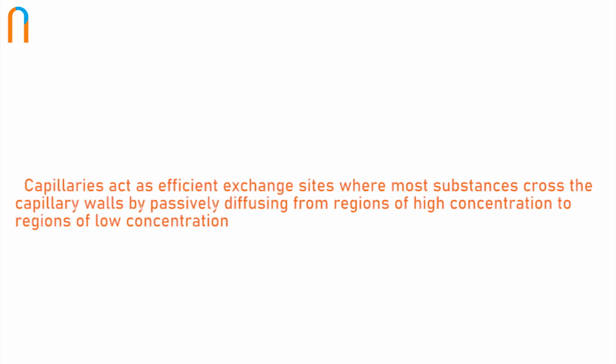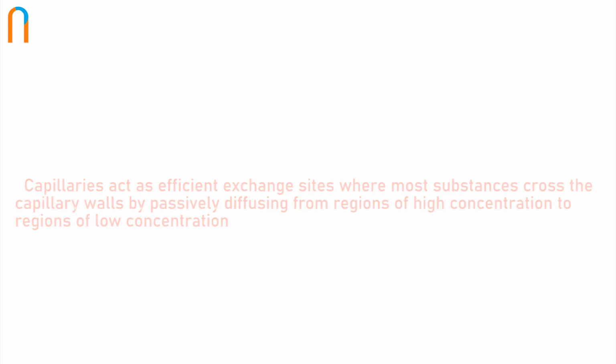Capillaries act as efficient exchange sites where most substances cross the capillary walls by passive diffusion from regions of high concentration to regions of low concentration. There are four factors that determine the diffusion rate of a substance between the blood and the interstitial fluid.